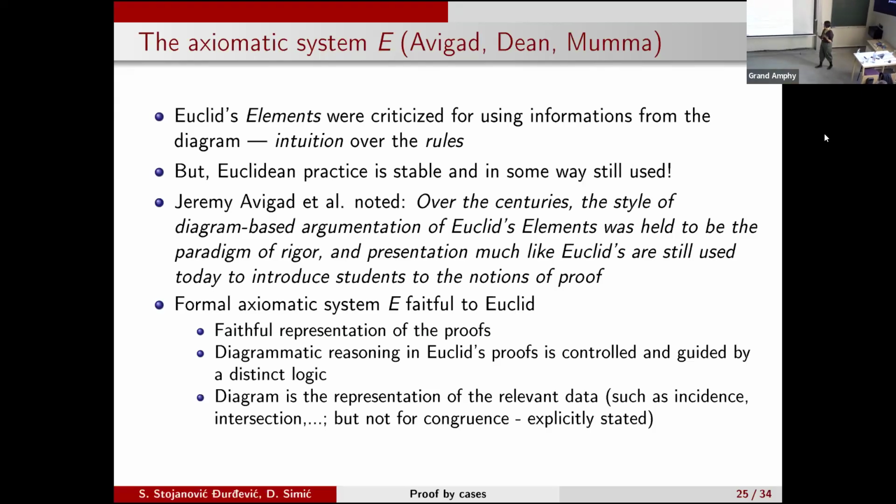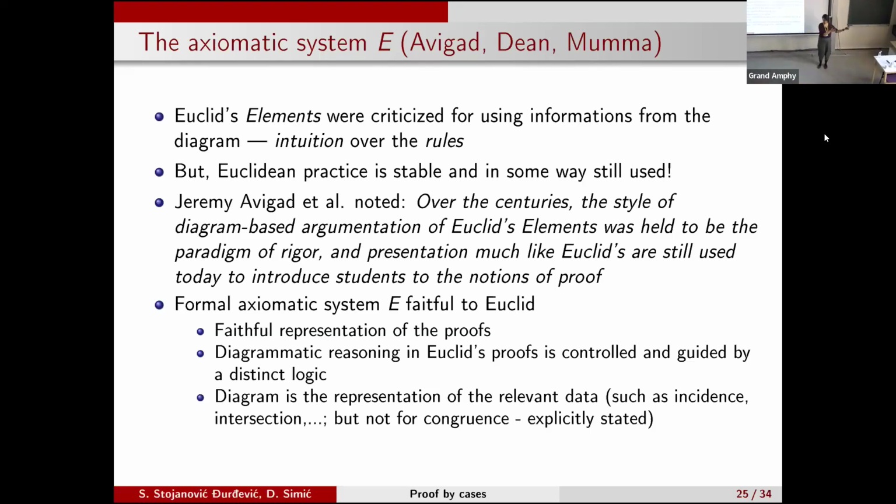Geometry is my favorite part of mathematics, but I really think that it cannot be forgotten. So they created axiomatic system E that faithfully represents the proofs. The proofs need to be rewritten in a similar way to what I showed you.